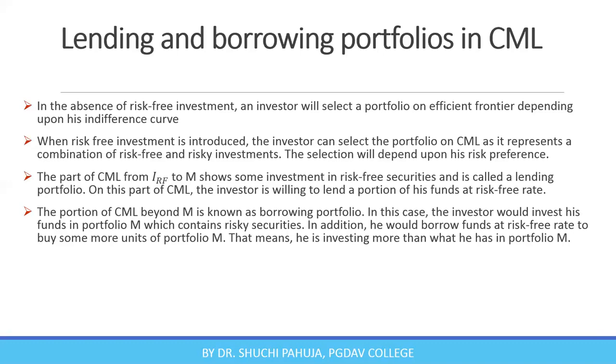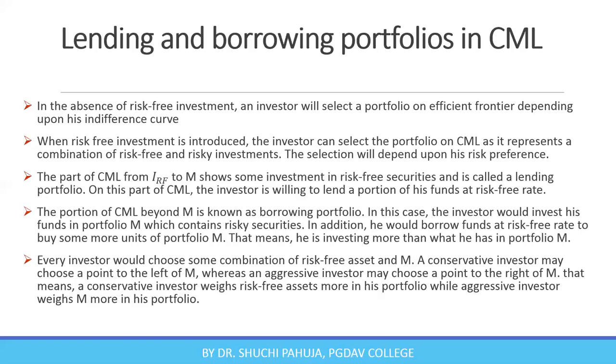Can I invest more than what I have in risky securities? Yes. This can be done by borrowing some money from the market and investing your own funds and the borrowed funds in risky securities, right? So a portfolio where you are investing more than what you have in risky securities is known as a borrowing portfolio.